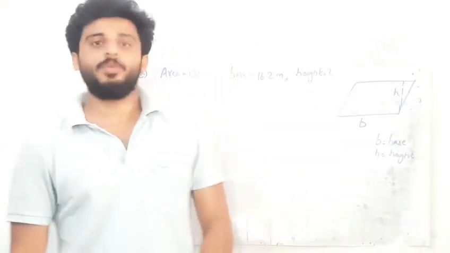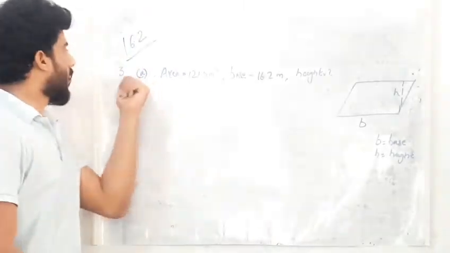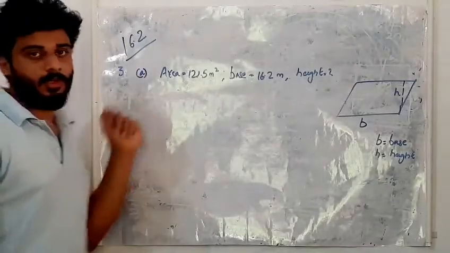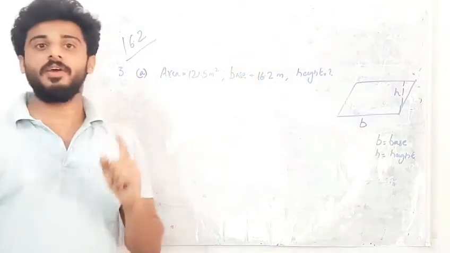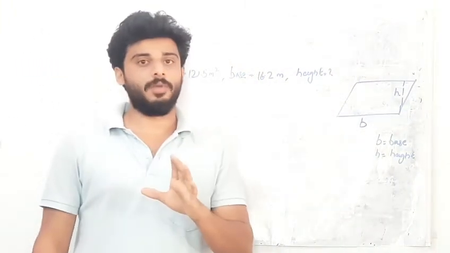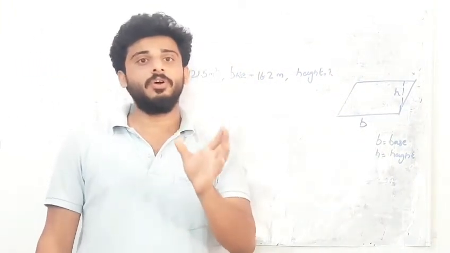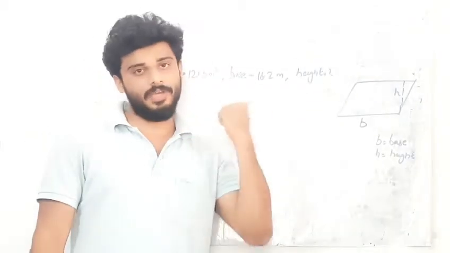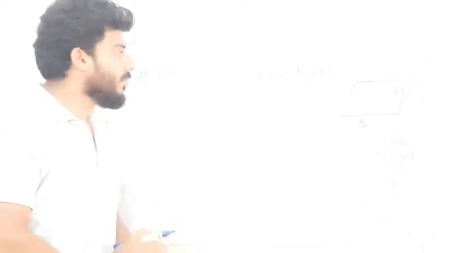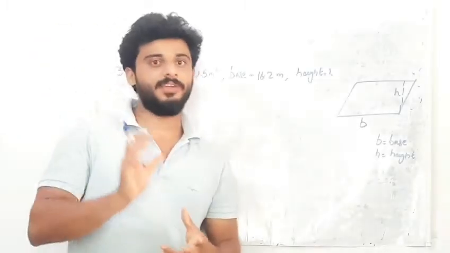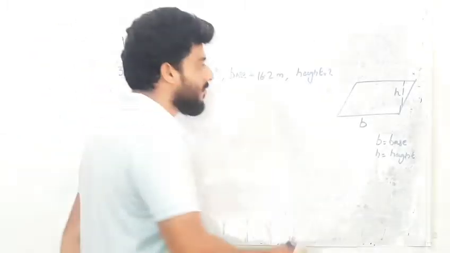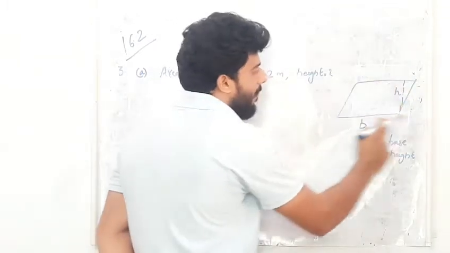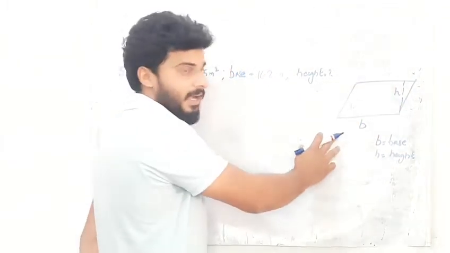Now we move on to the third question, A part. We need to find a particular element of a parallelogram, and some information is given. Before that, we should understand what a parallelogram and its elements are. This shape is known as a parallelogram.